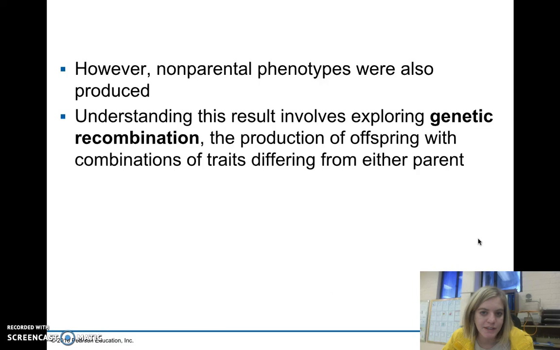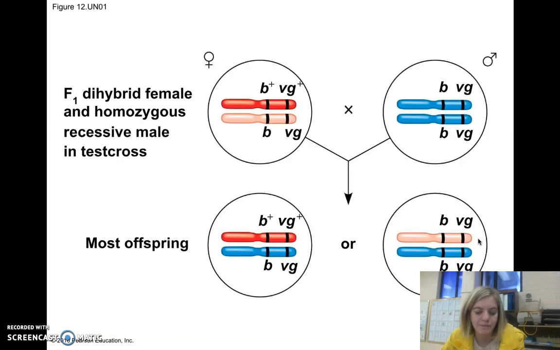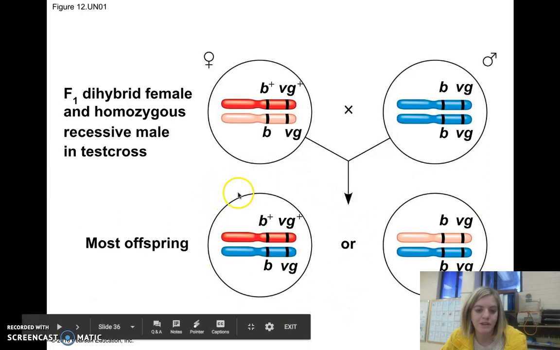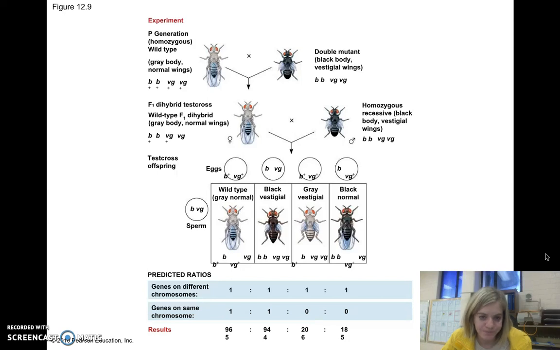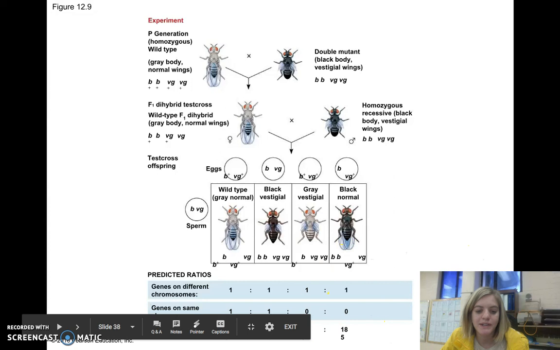So this led to Morgan thinking a bit about what's known as genetic recombination, which is the production of any offspring who have a combination of traits different from either parent. So opposite from what you would see here, because you see we would get still a lot of gray with normal wings and black with vestigial wings. So this is what we saw a lot of in the resulting experiment, and you can see our results differ somewhat from what we would expect if the genes were on different chromosomes.